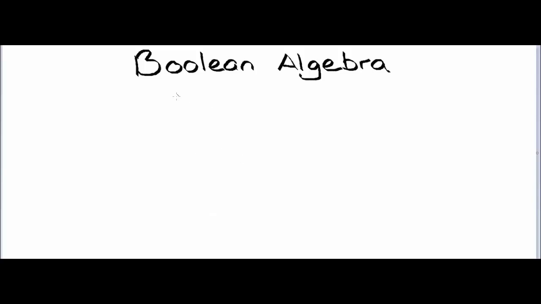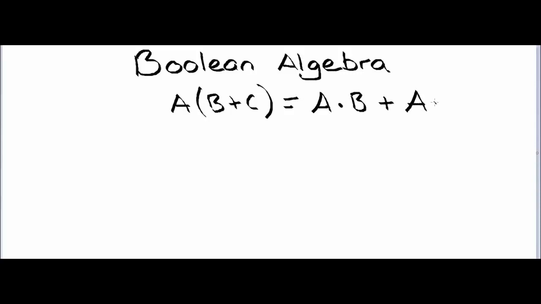Okay, the next rule, starting to get a little bit mathematical now. A multiplied by B plus C, in brackets, always equals A multiplied by B plus A multiplied by C. It's getting a little bit confusing. This is when you need a degree in maths. So if we say that A is going to be 1, B can be 0 and C can be 1.